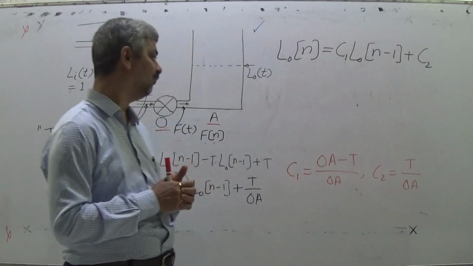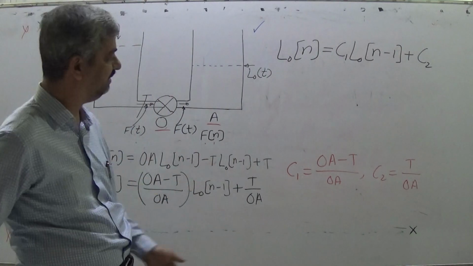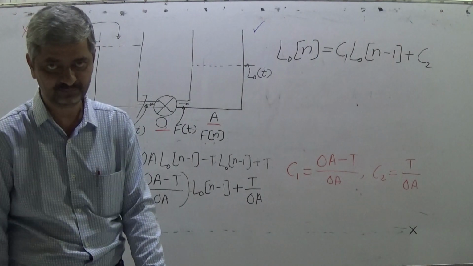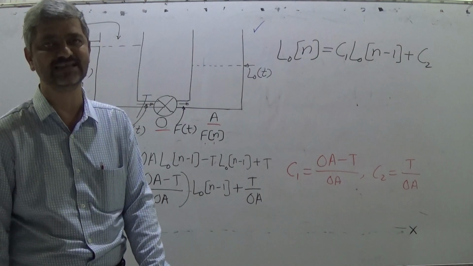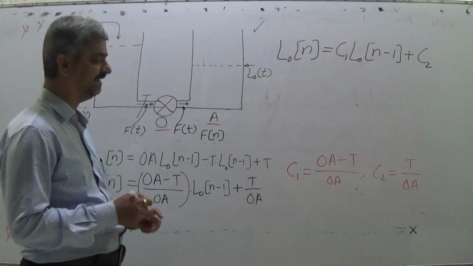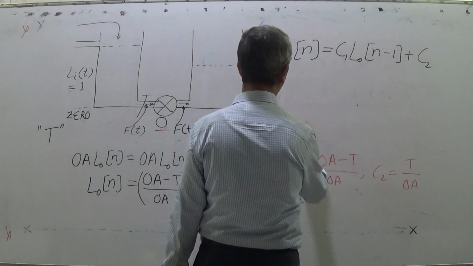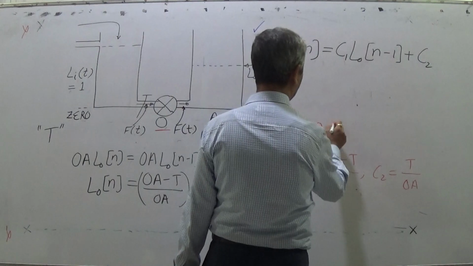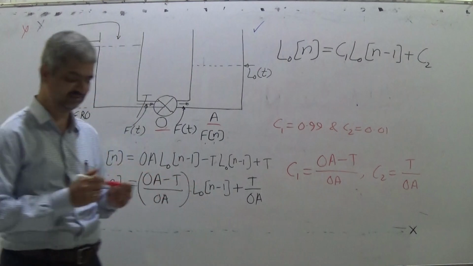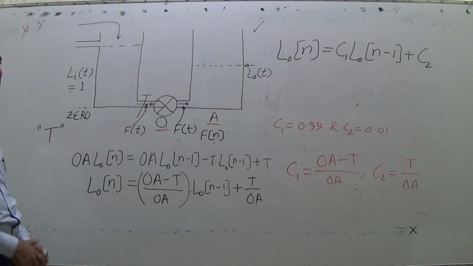So if we decide, let us say for time being, OA as 100 and capital T as 1, then C1 will be 0.99 and C2 will be 0.01.